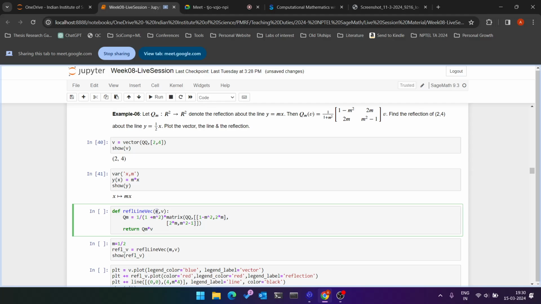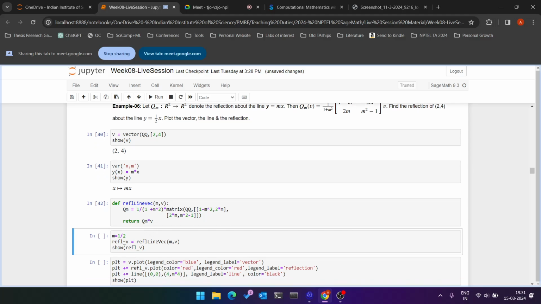It takes two arguments, m comma v, m denoting the slope, v denoting the vector, and Qm is the appropriate transformation matrix given as 1 over 1 plus m square into a matrix on the rational field QQ with the entries 1 minus m square, 2m, 2m, and m square minus 1. So same as what we have been given above. And then we multiply this matrix with our input vector v to get the reflection of the vector.